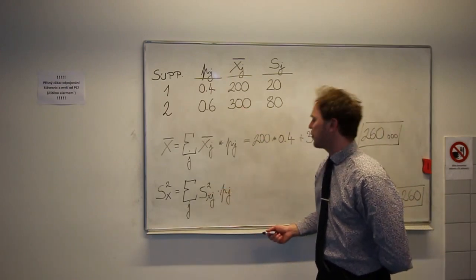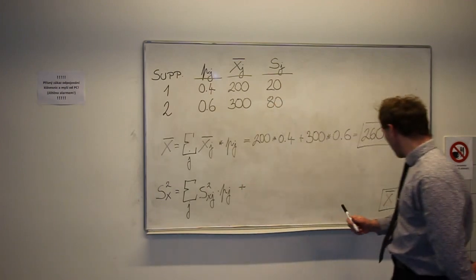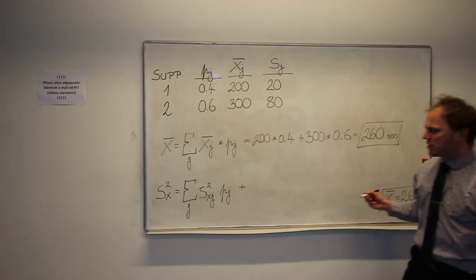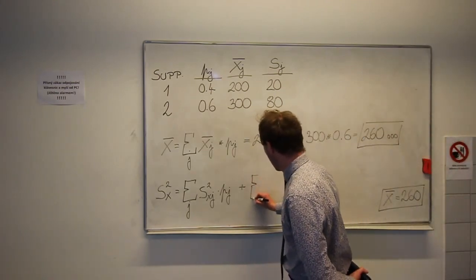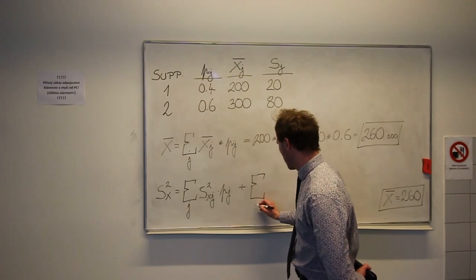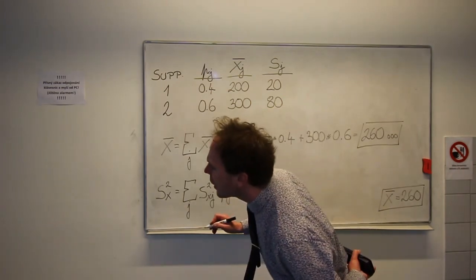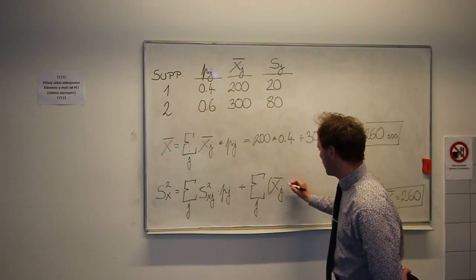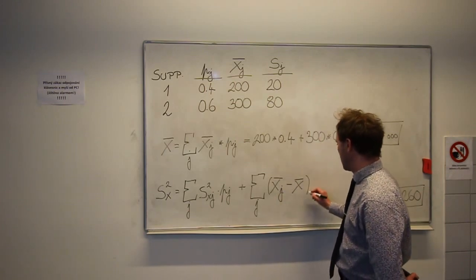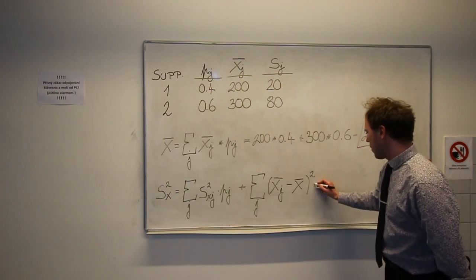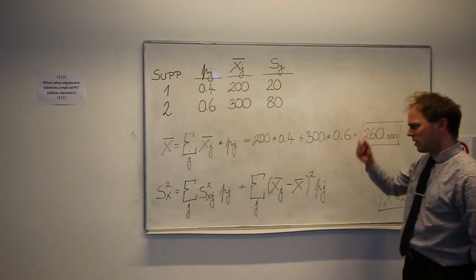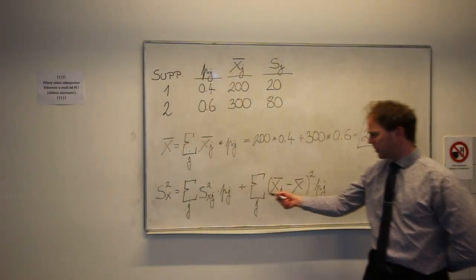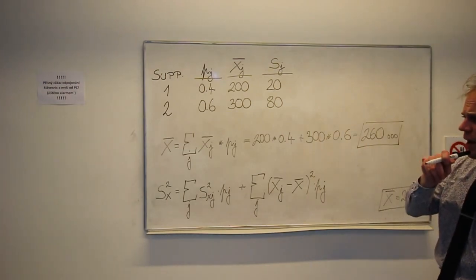So this will be the first part, within group variability, and between group variability will be rewritten here, summation through all j, x_j mean minus total mean squared weighted by p_j. And that's all. So within group variability and between group variability.